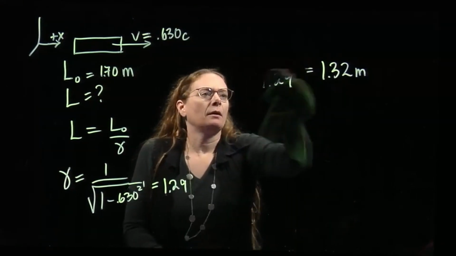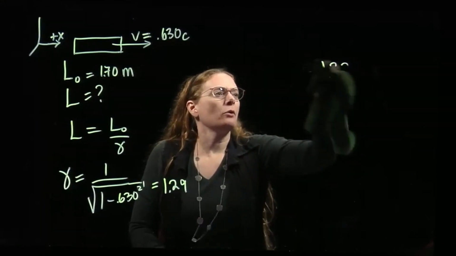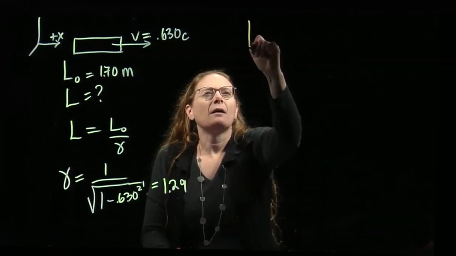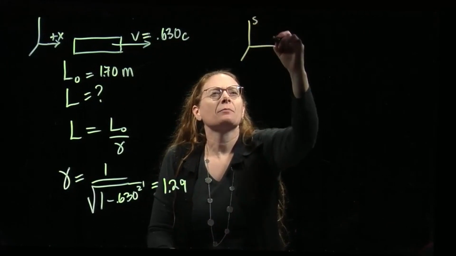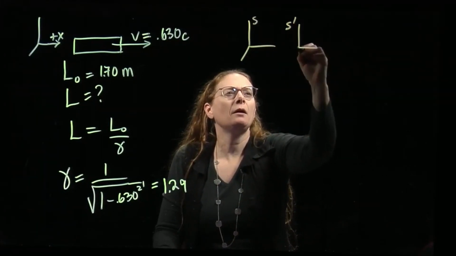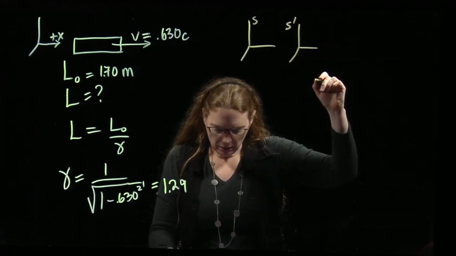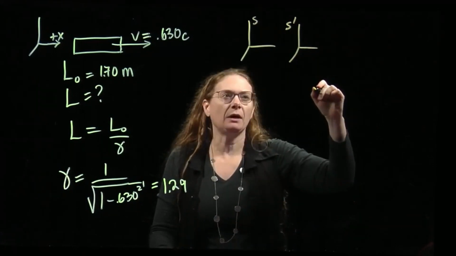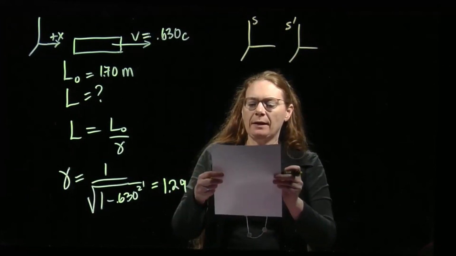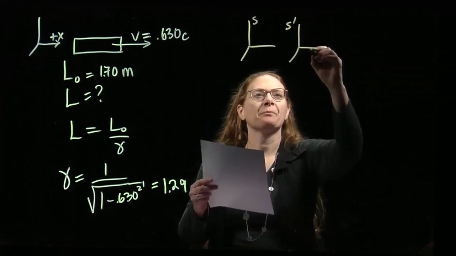Again, pictures are your friend for solving problems. So we have S, and we have S prime, which is parallel, and we have a meter stick in S prime. And it makes an angle of 30 degrees with x prime.